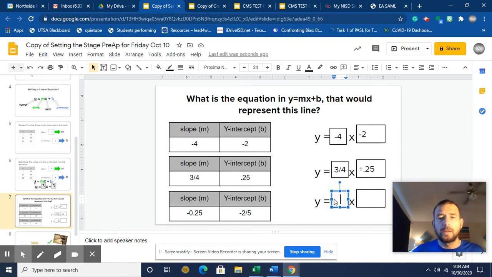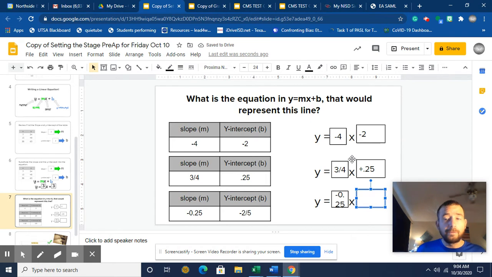So in front of the x, I'm going to type in -0.25. And then I see that it's a -2/5. So remember, we're not going to write plus -2/5. I'm going to write what I see, and I'm going to see 2/5 with a minus. So the equation here would be y equals negative 0.25x minus 2/5.